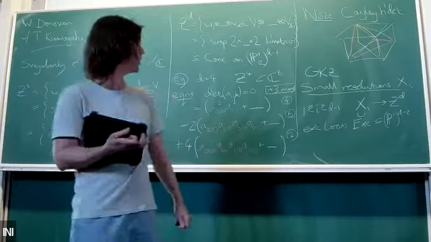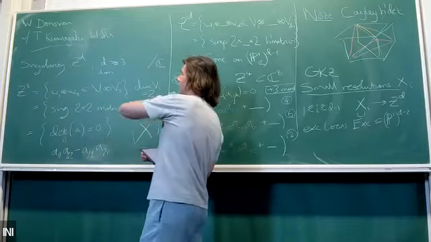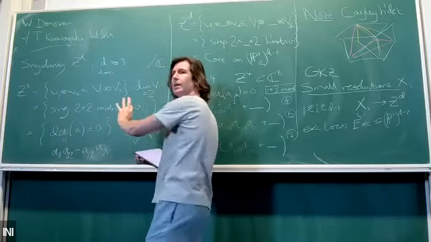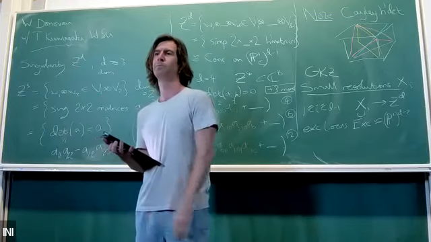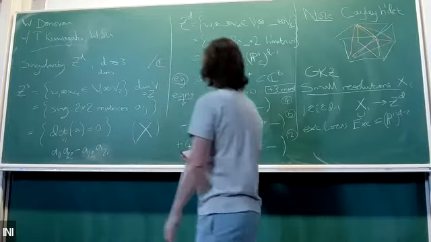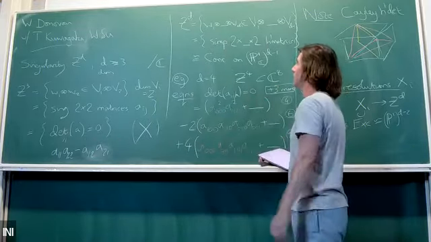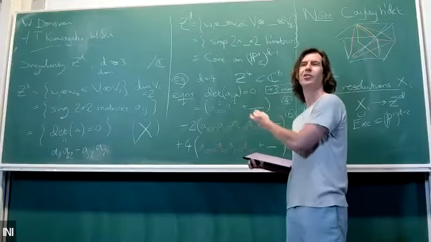So this is the generic singularity you find on a Calabi-Yau. The idea of choosing this is that it's one of the most generic singularities you find on a Calabi-Yau.